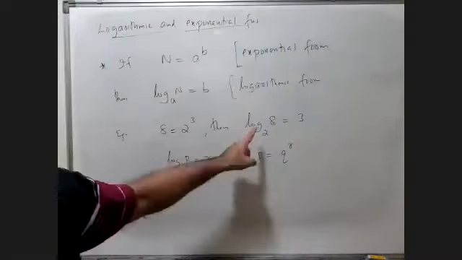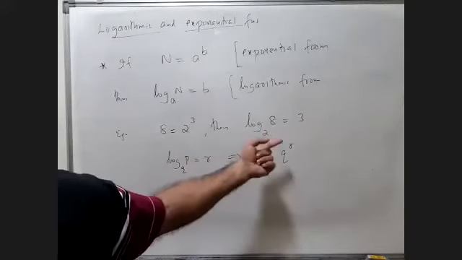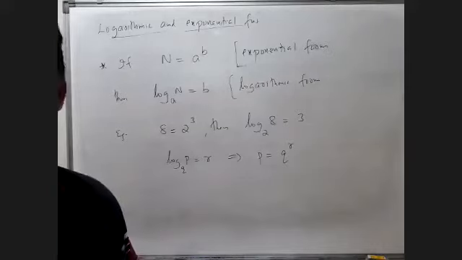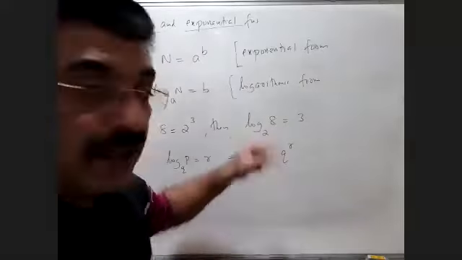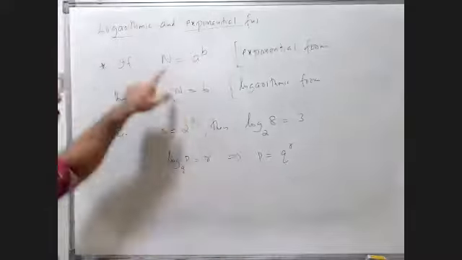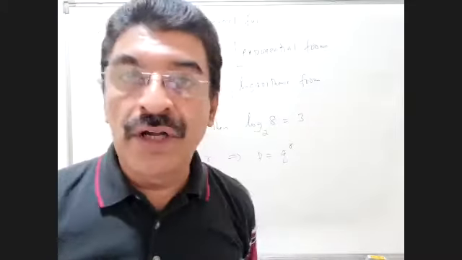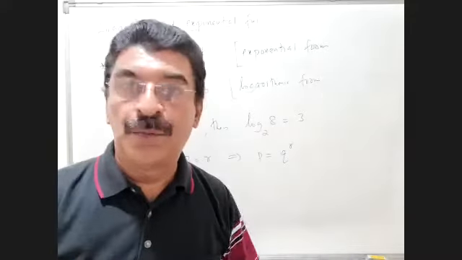See that in both cases, in logarithmic form as well as exponential form, the base remains the same. You know that for the exponential form, when we write a raised to b, this a is called the base and b is the exponent or power.